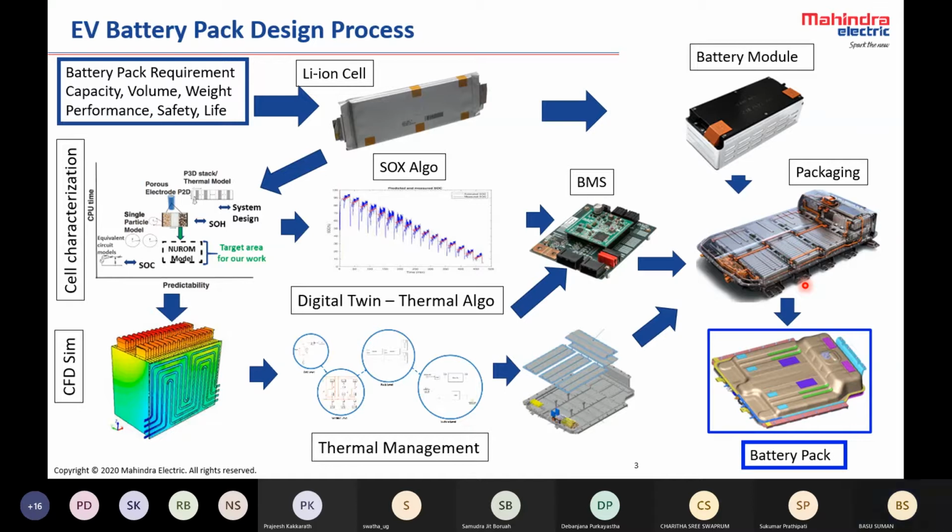There are different international standards available. For example, there are European standards, there are US standards, there are Japanese standards. India also has our own standard, AIS. That AIS standard is quite similar to the European standard.